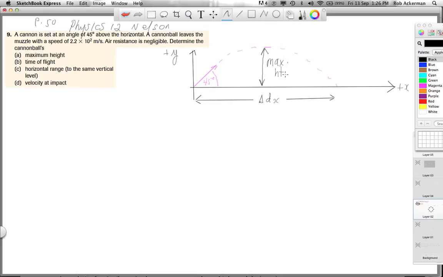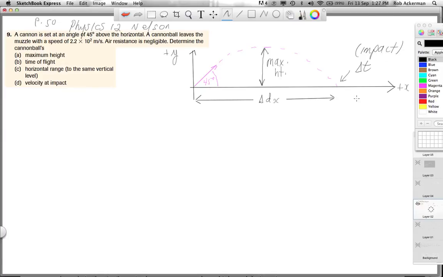Maximum height. That'll be a delta dy idea. They ask for the time of flight. That will be the time when the projectile lands right about there. And they also ask for the velocity at impact. Here's where the impact is. So I'll just write that word in so that you remember.